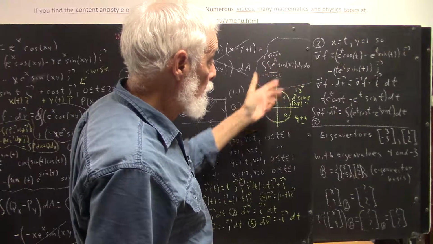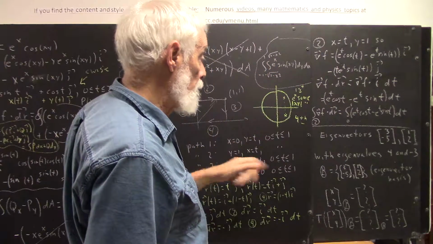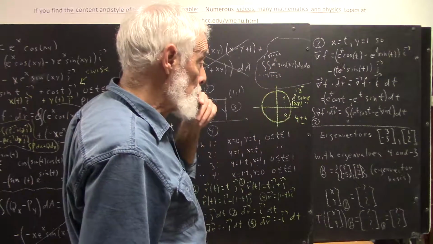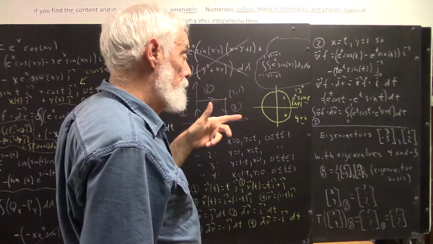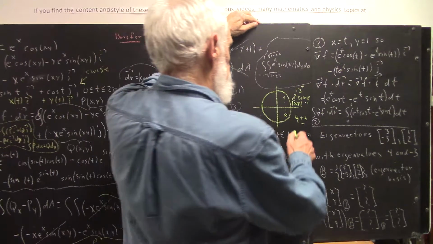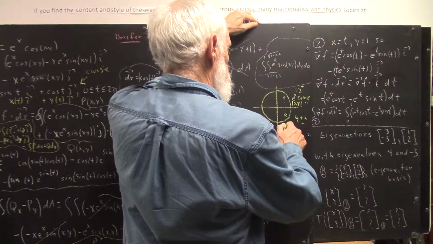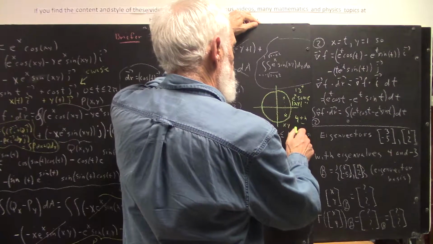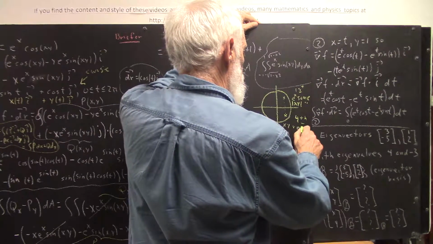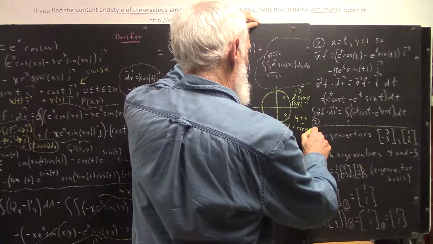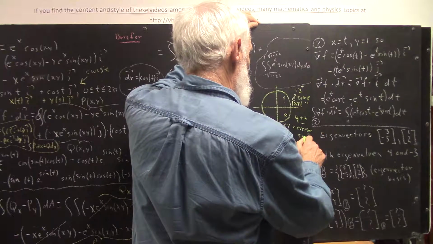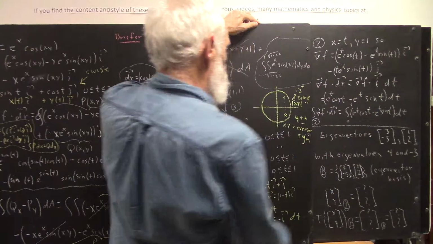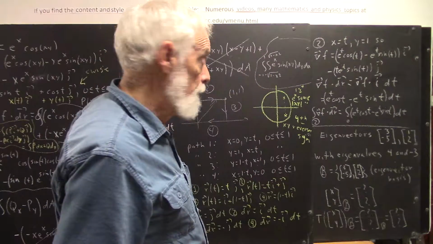So the absolute value of the y value is the same at both points. The x value is the same. But xy reverses sign between this point and this point.